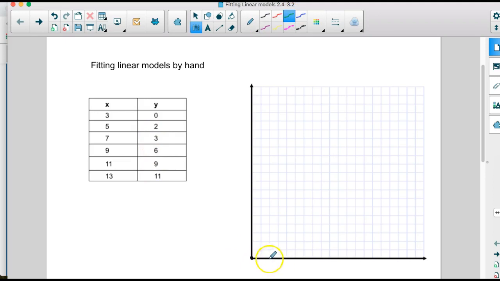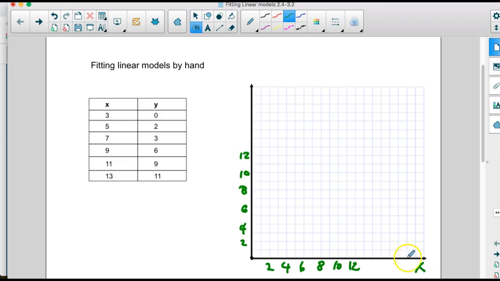So we're going to label some numbers down here, and up here, similarly, so that we can plot some points for X and Y.